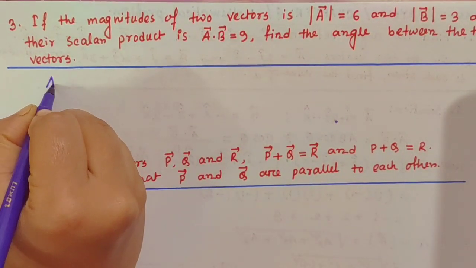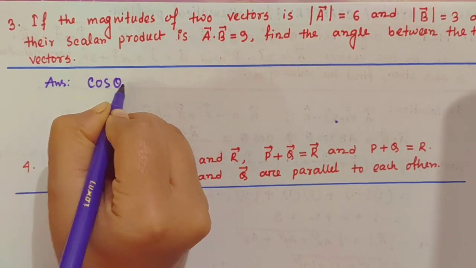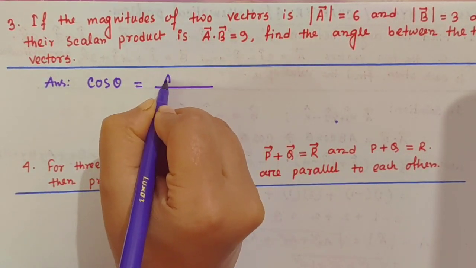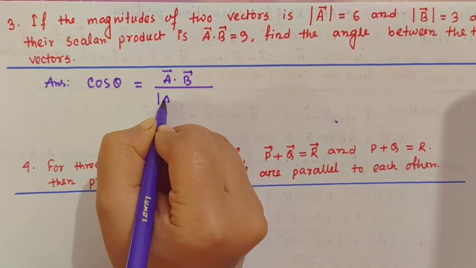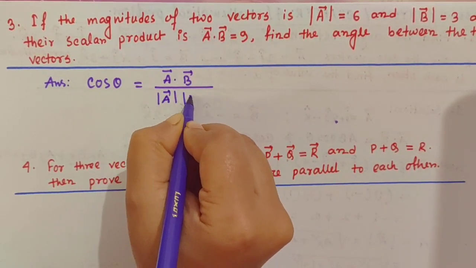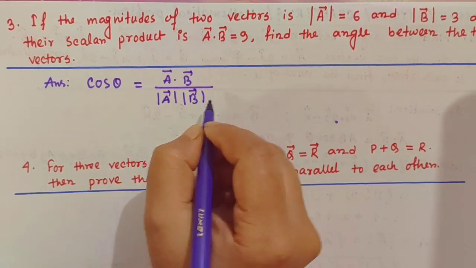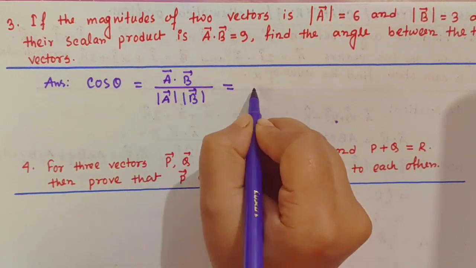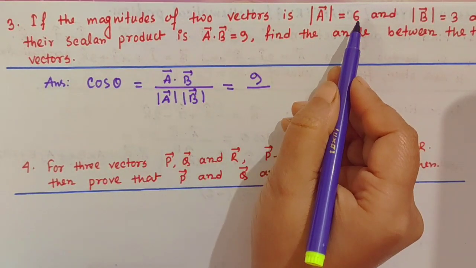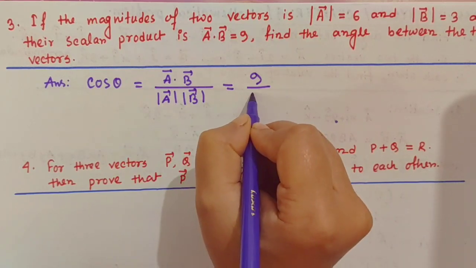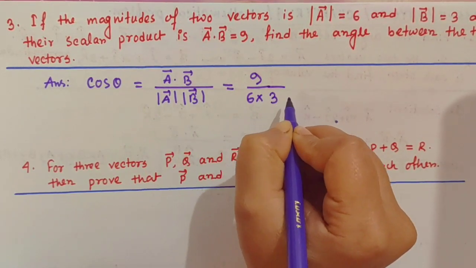What we know? We know cos theta is equal to a dot b divided by modulus of a and modulus of b. We can write this as a and b. Okay, so a dot b is given as 9 and vector a is given as 6. So in place of vector a, modulus 6, and b is 3.